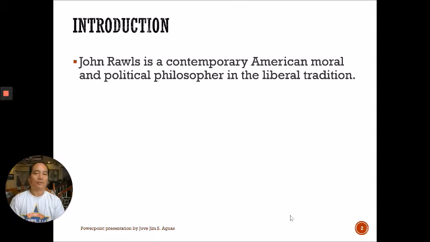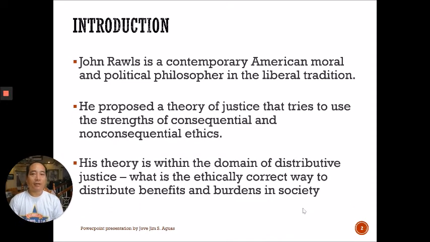So he is one of the more current or contemporary American philosophers. John Rawls is known for his theory of justice. He proposed this theory of justice, which tries to use the strength of both the consequential and non-consequential ethics.